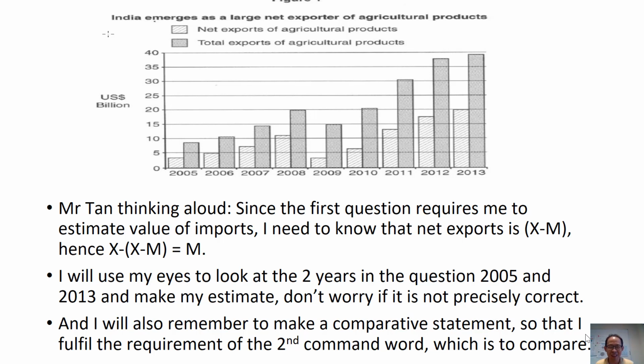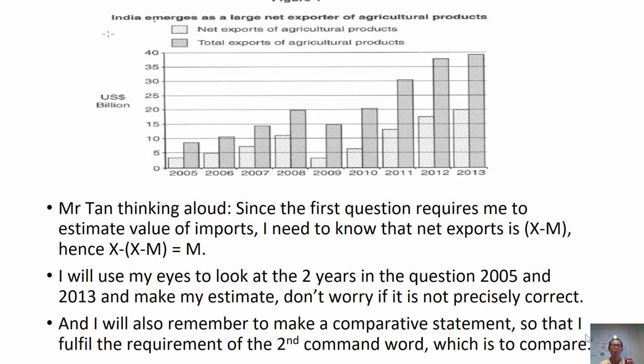So when it comes to the question in particular, the question asks for 2005 and 2013 only. So I will make my estimate using my eyes. Depending on how sharp your eyes are, you might not get the correct value based on the y-axis.